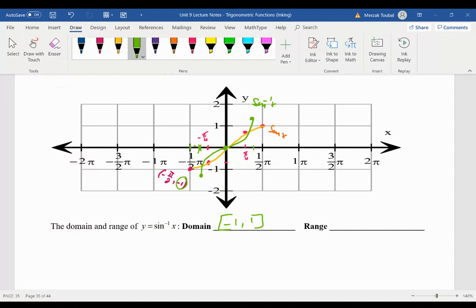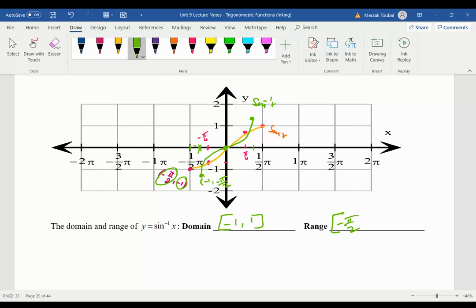And what is the range? The range, this point here, its y coordinate is negative pi over 2. So negative pi over 2, because when you switch this point, the negative pi over 2 becomes the output. So I can go ahead and write the x and the y. Negative 1 comma negative pi over 2.